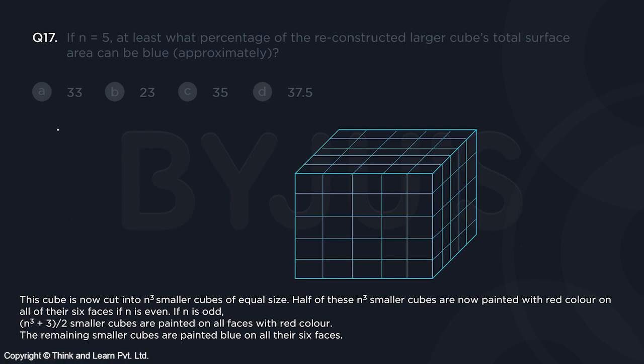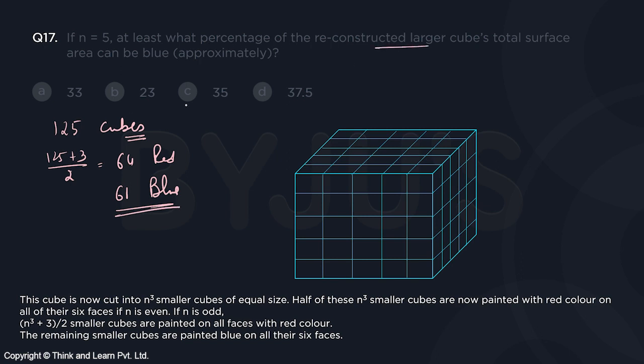If n is equal to 5, the total number of smaller cubes that can be made is 125. And because n is odd, can I say (125 plus 3)/2 of them, that is 64 of them, are red, and 125 minus 64, that is 61 of them, are blue.